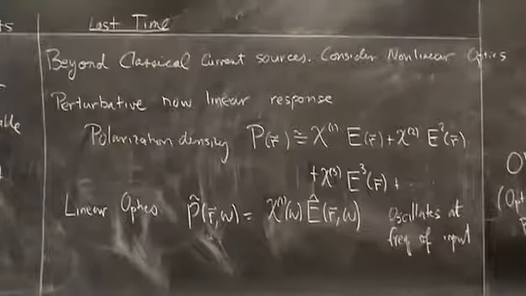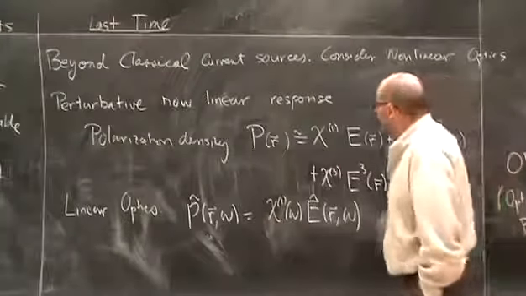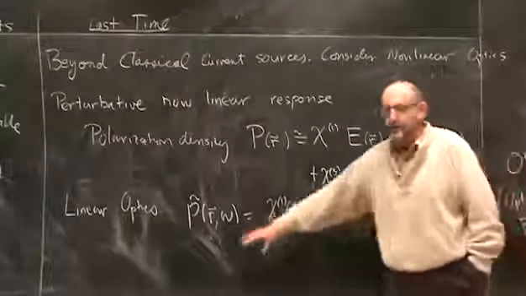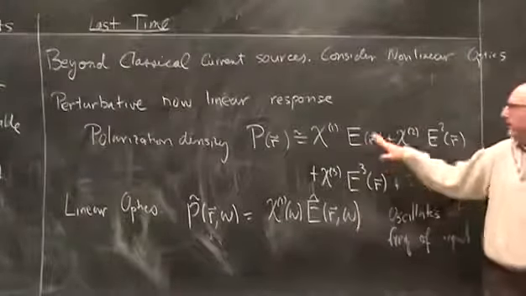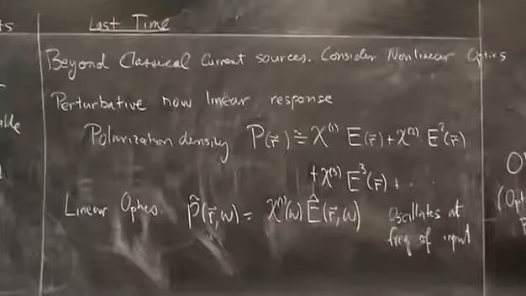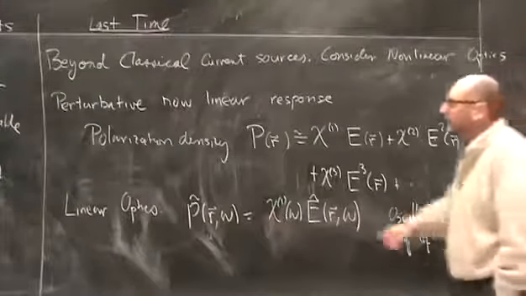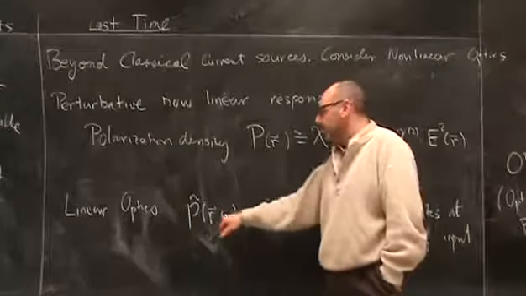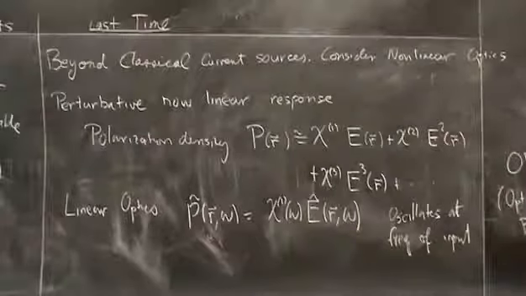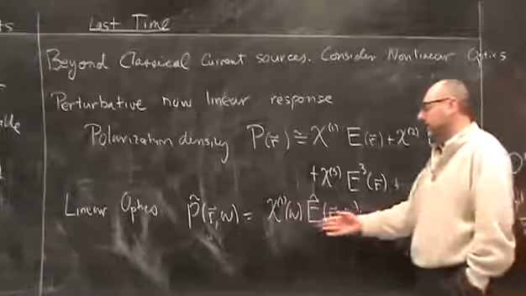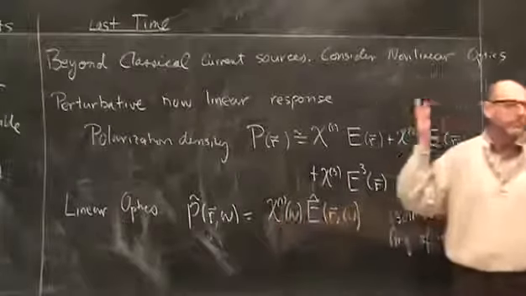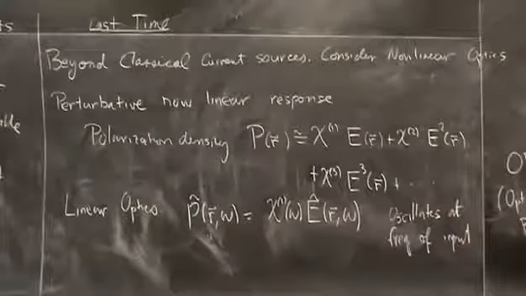Right. So in the linear optics case, again, this is just kind of a schematic. Really, this is an expression in the frequency domain, not in the time domain. So in the frequency domain, the polarization density that oscillates at frequency omega is proportional to the electric field at that frequency, with the proportionality constant being the chi1 susceptibility, right?